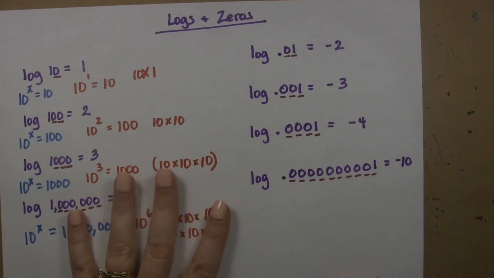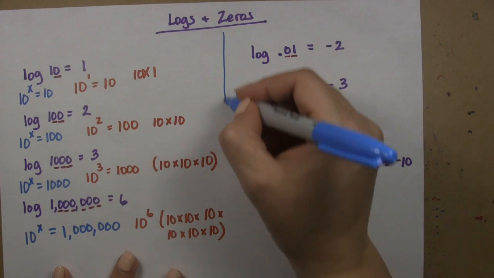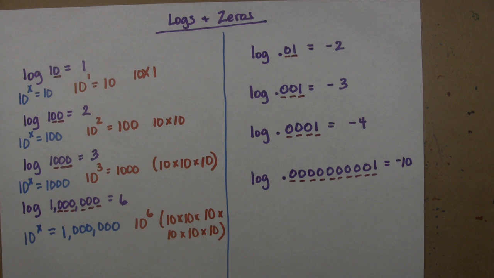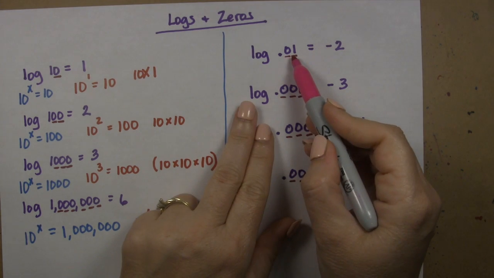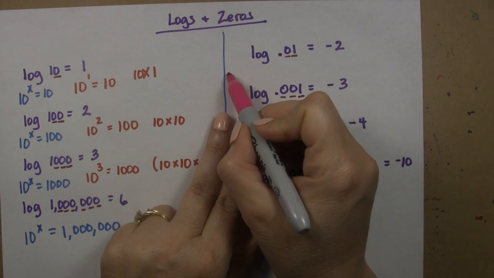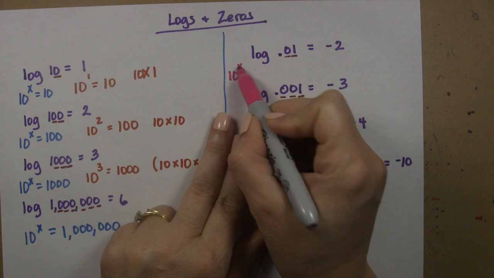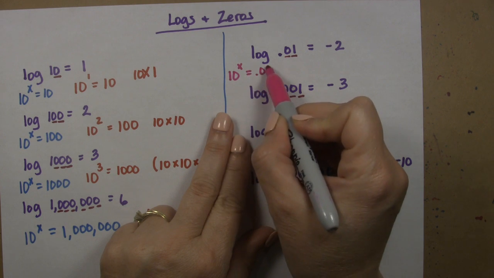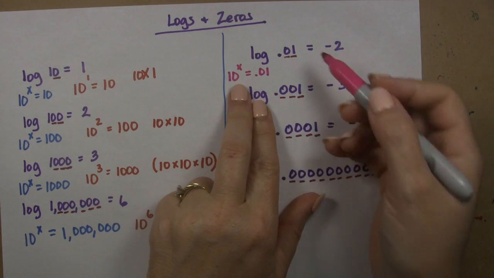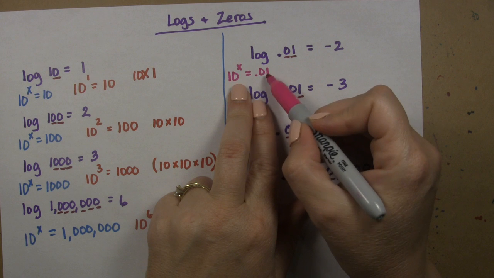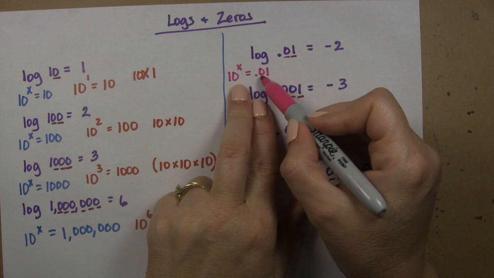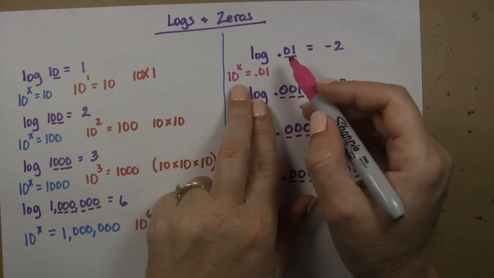On this side of the aisle, over here with our numbers less than 1, something similar is going on. Let me get a different color for you here. All right, so log of 0.01 is asking us 10 to the what equals 0.01. So we know that we are going to be dealing with the negative exponent because we need to get a fraction, right?